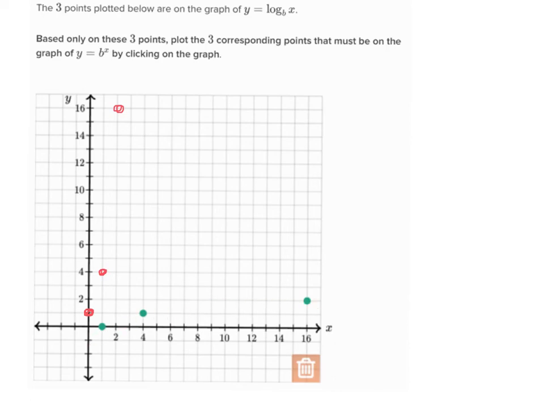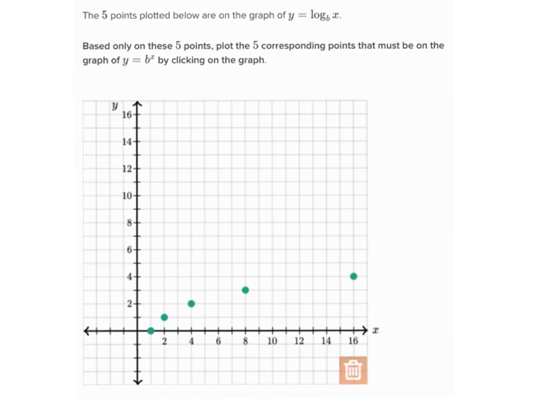Okay, so these points, making this graph right here, is the inverse of this graph right here. So now I would encourage you, okay, look at this graph. This point right here is right 1 and up 0. So the inverse point of it would be up 1 and right 0, right? This point right here. Okay, so the second point, this one, is right 2 and up 1. So the inverse of that would be up 2 and right 1. So I'd need a point there.